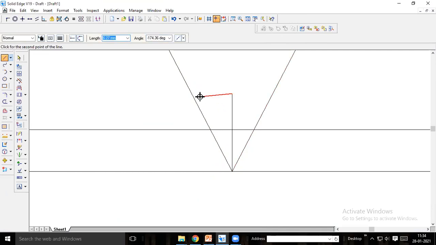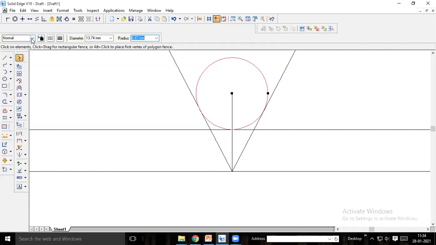This is the radius value. From this value, you can draw a circle of radius 6.87, or else you just extend and make sure this will end here. As it ends here, I will make it visible. See, this is the radius. You need to show this radius.